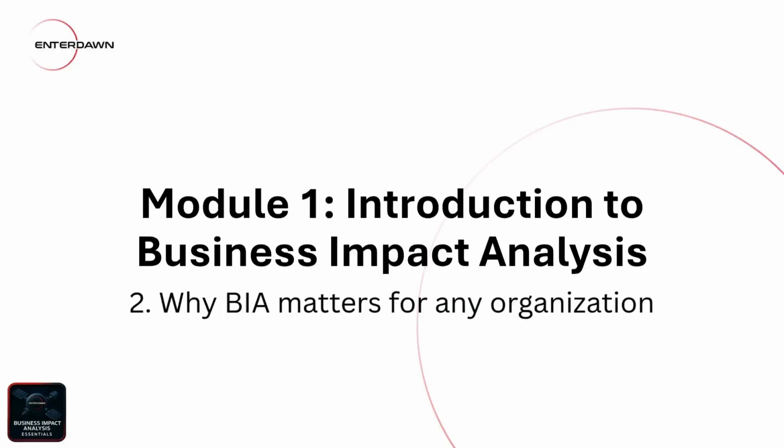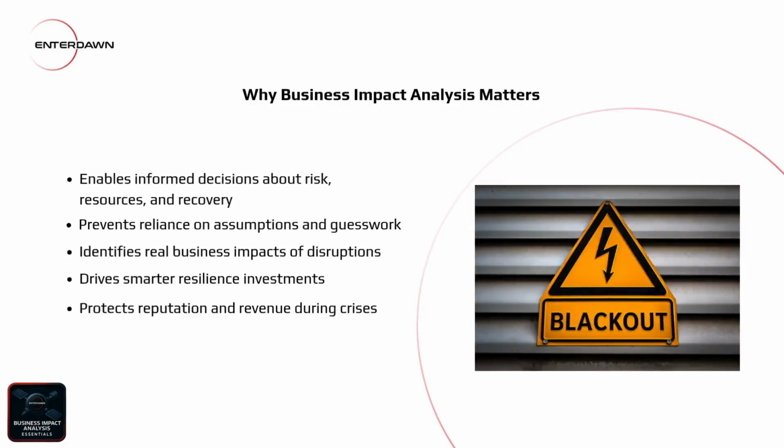Moving forward, we have section 2 of module 1, why BIA matters for any organization. The BIA matters because it enables organizations to make informed decisions about risk tolerance, resource allocation, and recovery priorities. Without this analysis, leaders may rely on assumptions when preparing for disruptions, resulting in overlooked dependencies, misaligned recovery efforts, and longer downtimes.